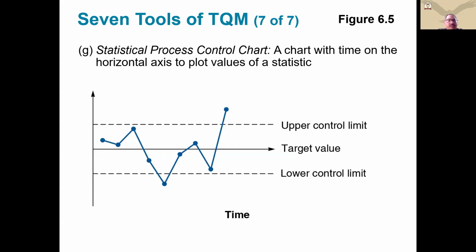It's plotted and looked at over time, and after inspection you make sure the process is falling within those control limits. If it falls outside those limits, then it's time to inspect the process and investigate what's happening, to bring it back to the control limit where it should be. Okay.